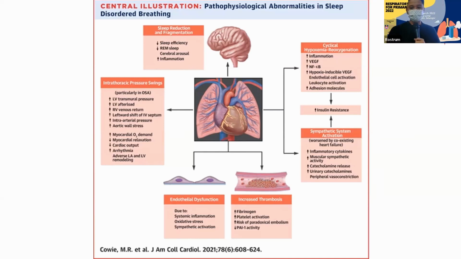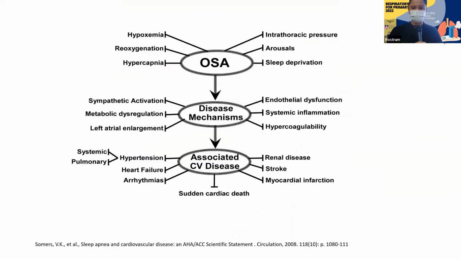The cyclical hypoxemia-reoxygenation response in sleep breathing disorder causes oxidative stress and an increase in reactive oxygen species, which then leads to a cascade of inflammation activation and endothelial dysfunction. So all these mechanisms will ultimately lead to cardiovascular disease, particularly the 4 diseases that I already mentioned: hypertension, coronary artery disease, heart failure, and arrhythmia, especially atrial fibrillation.